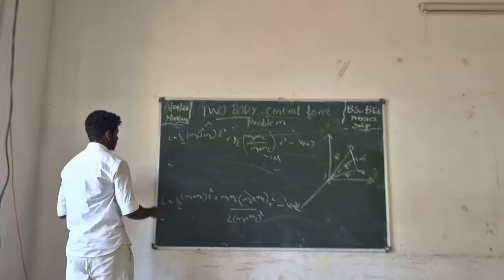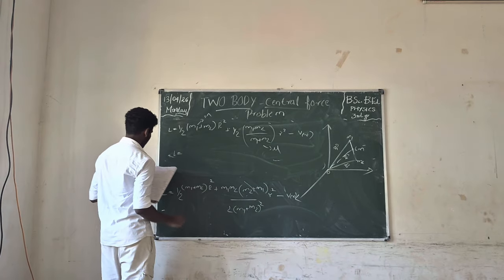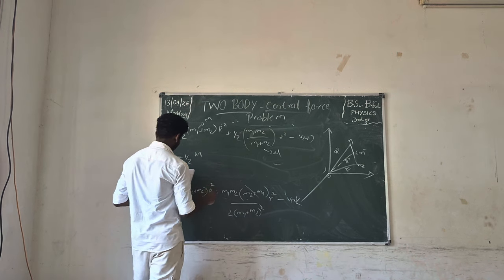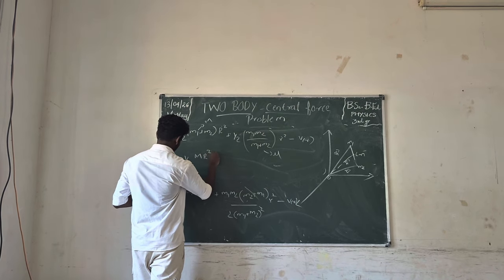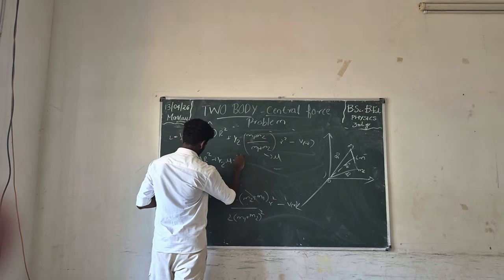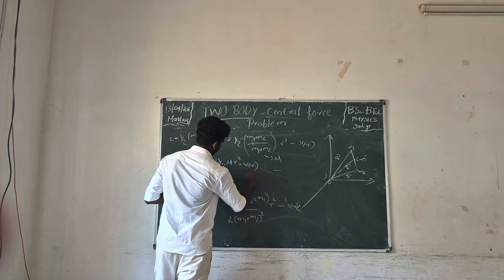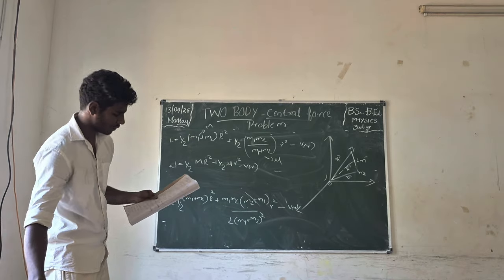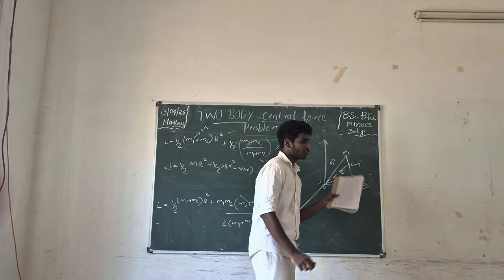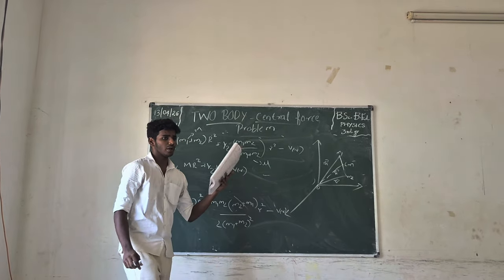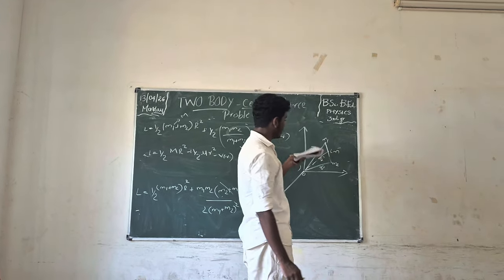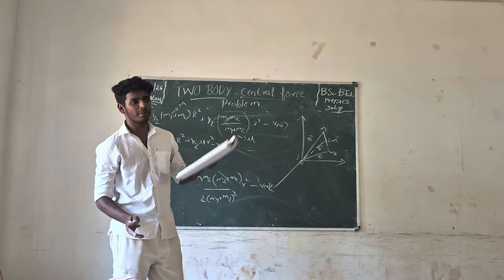So if we substitute that value, we can write L is equal to half into M R dot square plus half into mu r dot square minus V of r. Okay, and in the case of the center of mass, it will be either in constant motion or uniform motion, or it will be at rest.